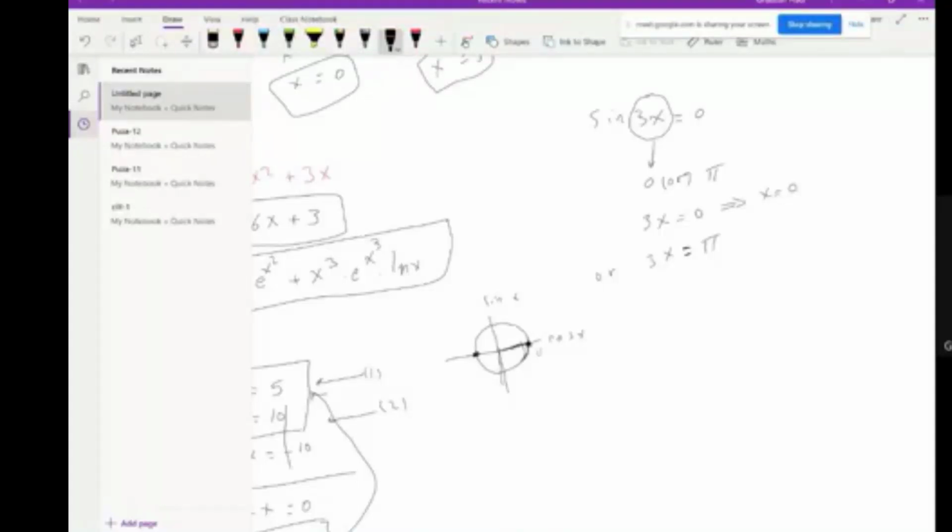This angle is 0 and this angle equals pi, I mean 180 degrees. Then either x equals 0 or x equals pi over 3.